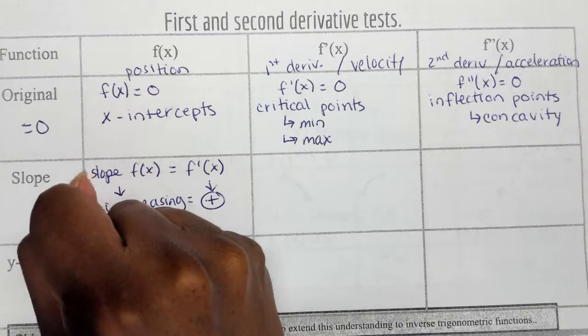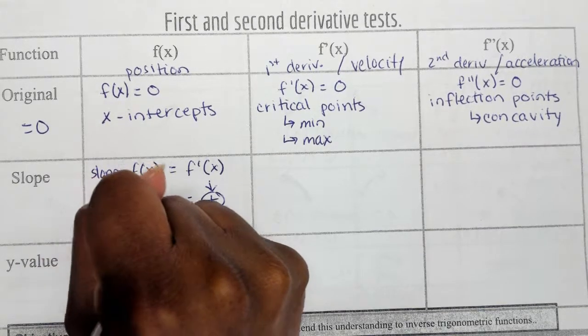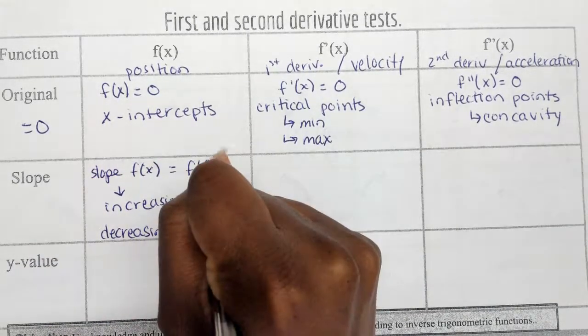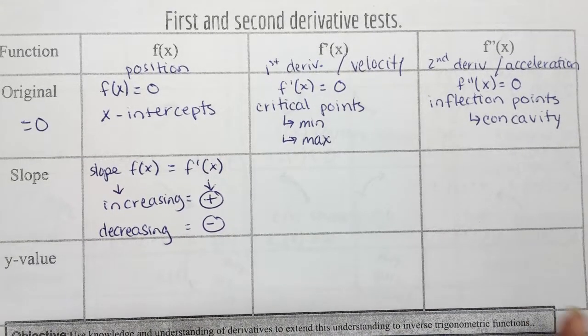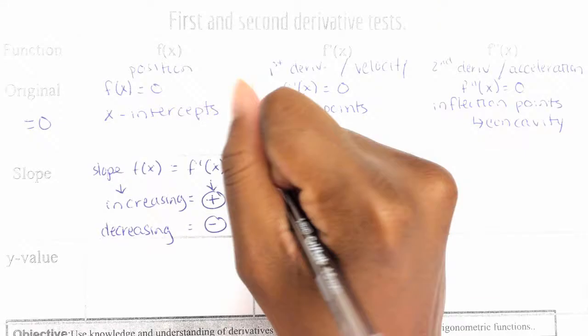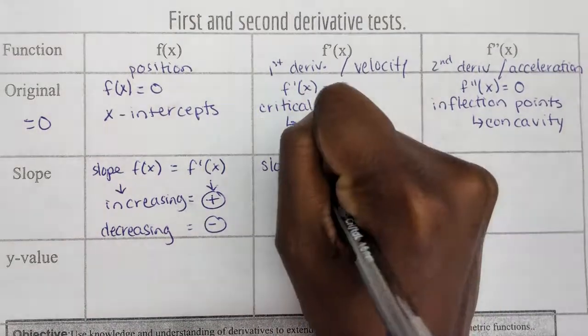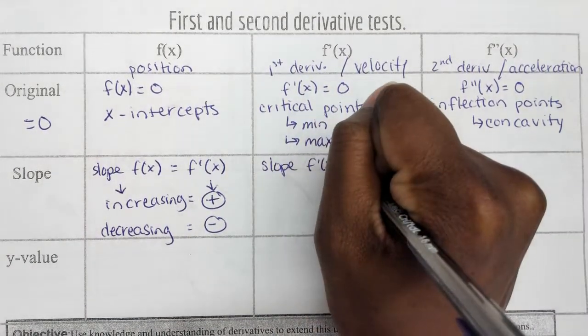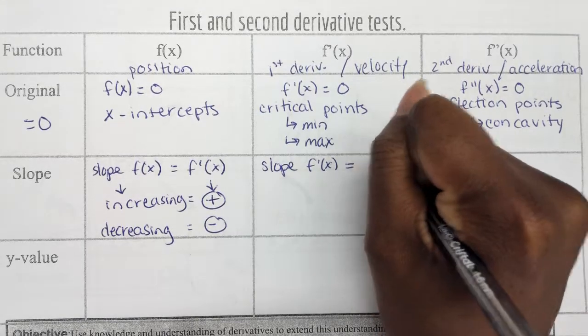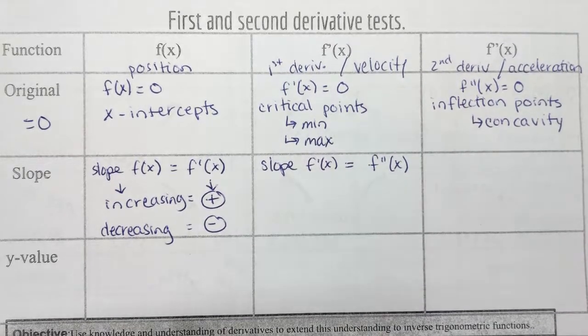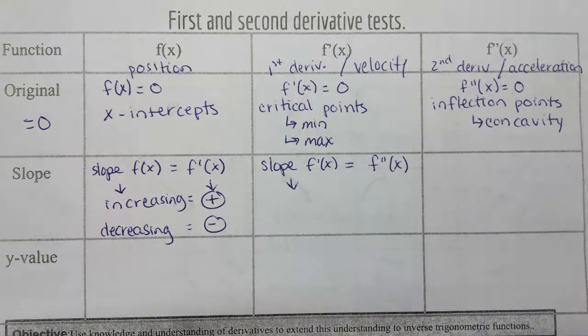If our slope is decreasing, then our derivative is negative. Okay? The slope of f prime of x is equal to our second derivative.